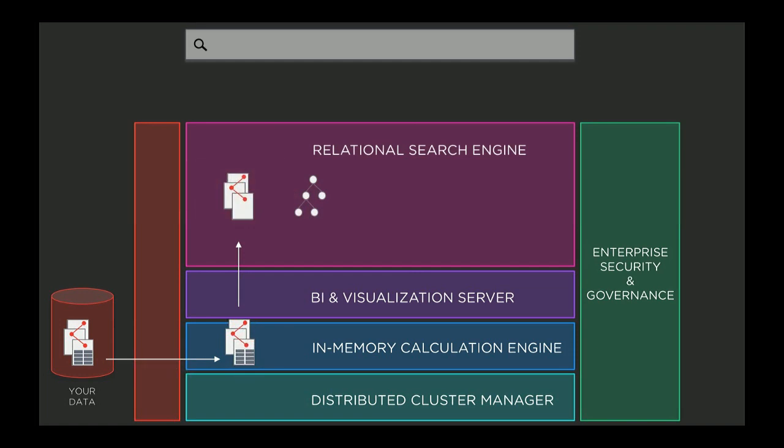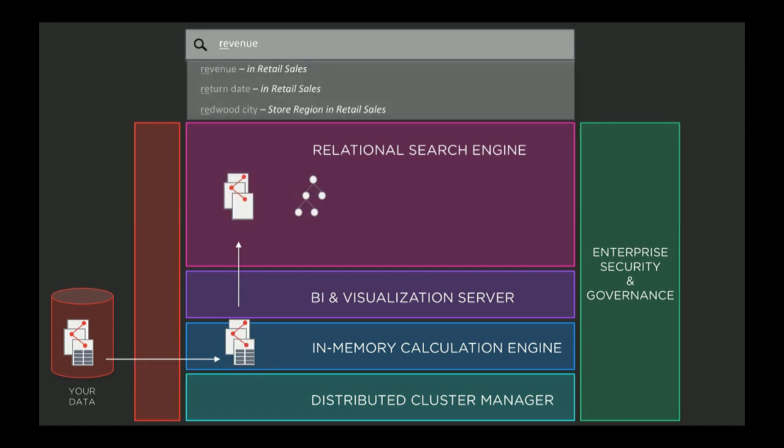So, as users start typing in a particular search, in this case starting with RE for revenue, the system, leveraging its machine learning algorithms, provides those search suggestions, based on other users and their recent searches, as well as data characteristics, basically everything that it knows about what searches have been performed on this data before.